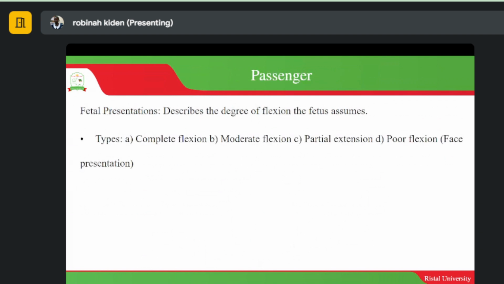We continue. So let's look at the fetal presentations. So the ideal fetal presentation is the one of complete flexion. But we also have moderate flexion, then we have partial extension, and we have poor flexion, which is the face presentation.